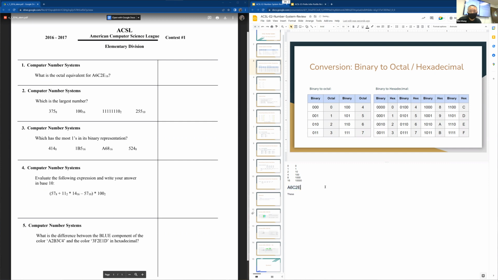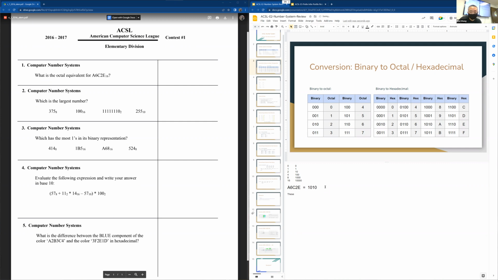Right, what this is, so let's make that into binary, right? That would be 1010, right?